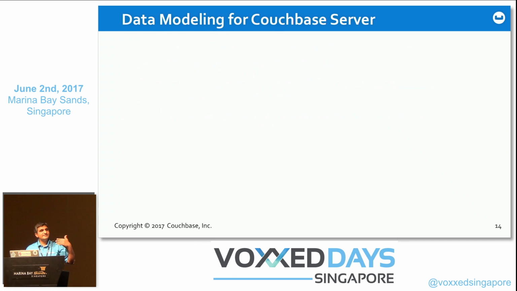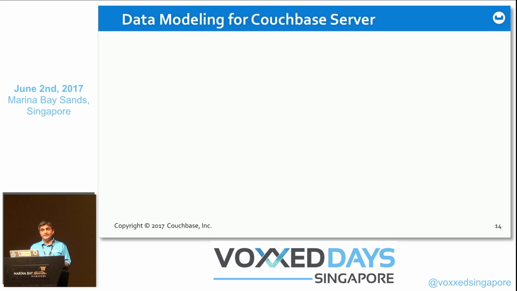Data modeling is essentially a progression from conceptual data model to logical data model to physical data model. The conceptual data model is like a 10,000 feet overview of how your data looks. You use ER diagrams to represent that, and you don't have to know the underlying database. Whether you use Oracle or Couchbase, it doesn't matter.